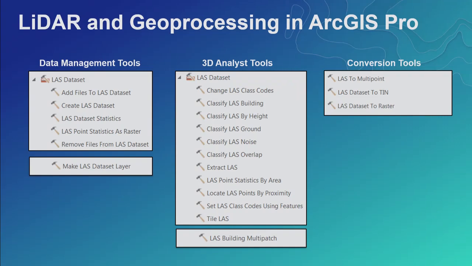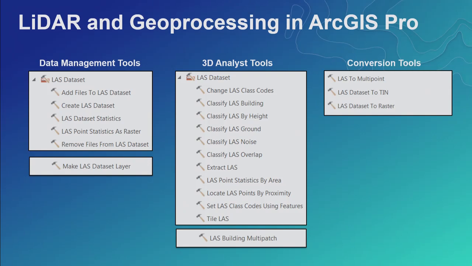In data management, these are things like I just showed you, creating the LAS dataset, adding files to the LAS dataset. Let's say that I do one run of Lidar and I bring it into a LAS dataset, and a month later or the next year, they do another flyover, which is added into the same one. So some of these are data management type tools.